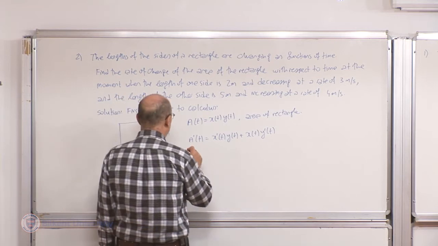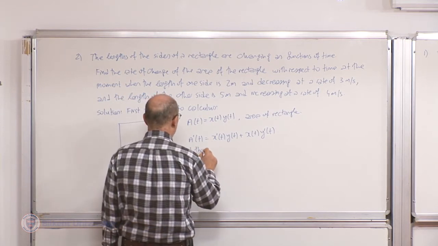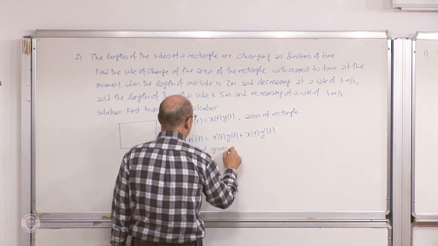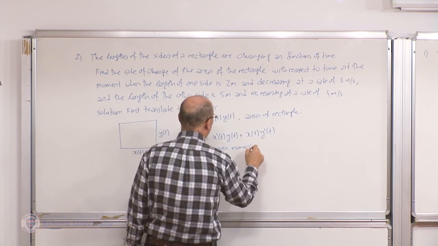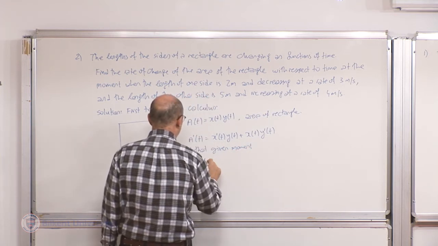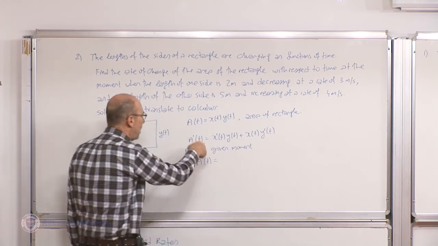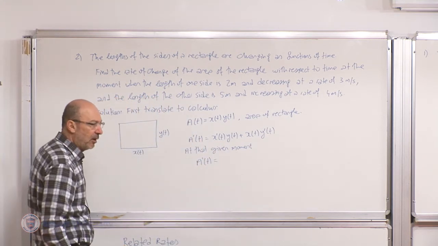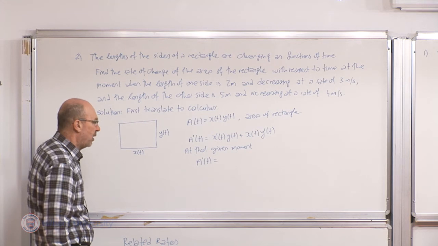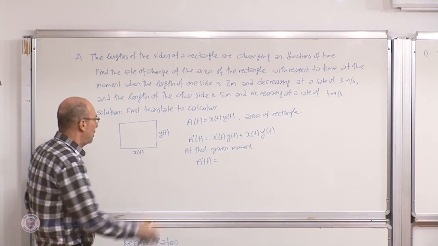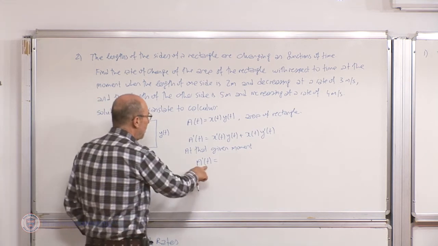Okay, so at that given moment, A prime t, since I mentioned that I am fixing time, I don't write t sub 0. I can write t sub 0 because it's clear what I'm doing. This I don't know.